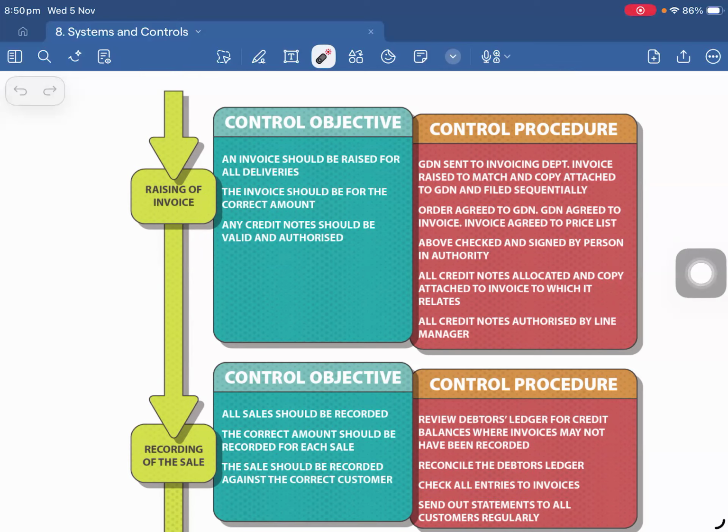The next control is that the order is going to be agreed to the GDN. Agreed means you're going to match it. See, in ACCA, we can't use the word match. Instead of using the word match, we say agree. Even the wording matters. It is there in the procedures chapter recordings.